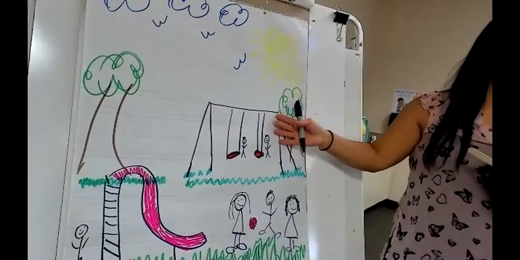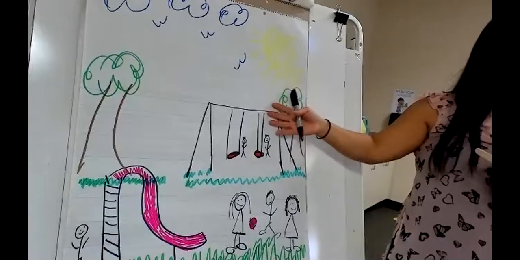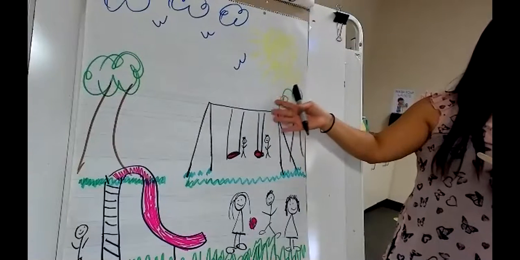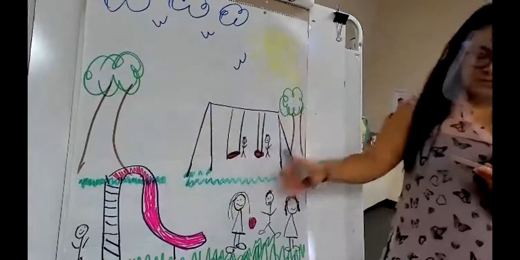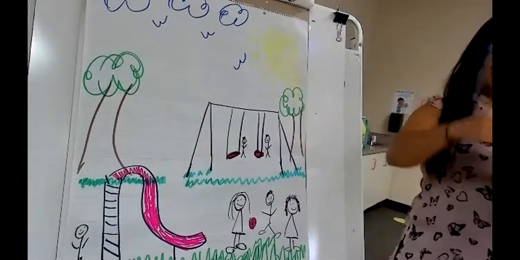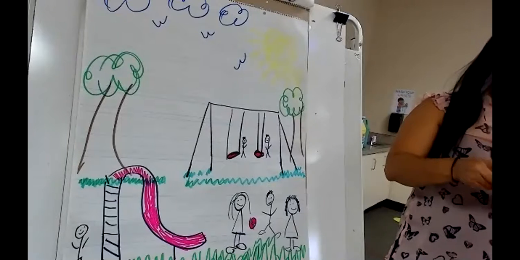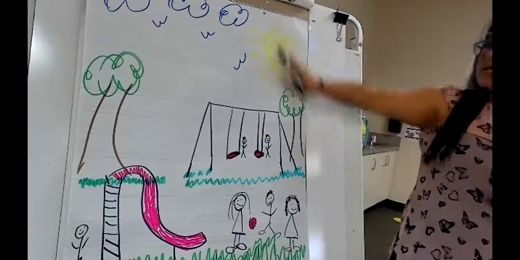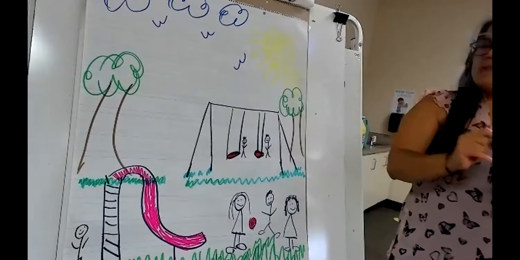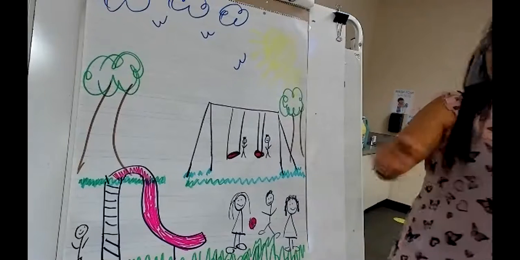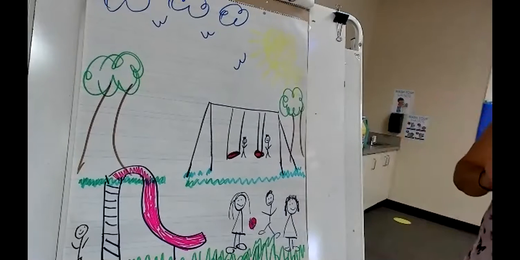So much information, and we're going to label it so that the person who's reading it is going to know what we all have right here. Okay, so the first one is going to be Leah. Leah, can you look at my picture and see what can we label? What can we give information to the reader? What do you see?